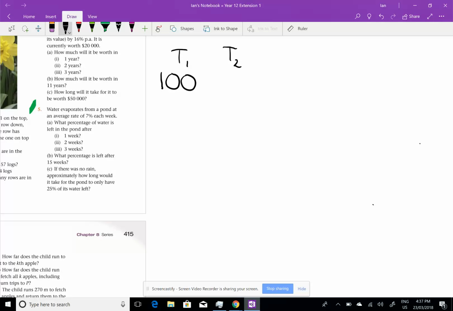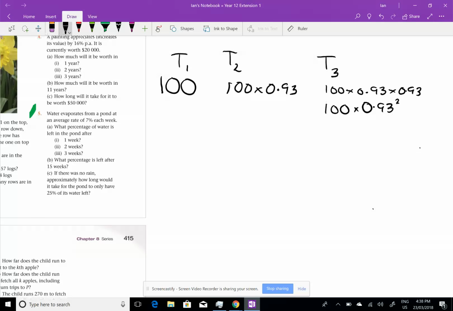And after 1 week, it's 100 times 0.93. Then after 2 weeks, it's 100 times 0.93 times 0.93 again, so 100 times 0.93 squared.